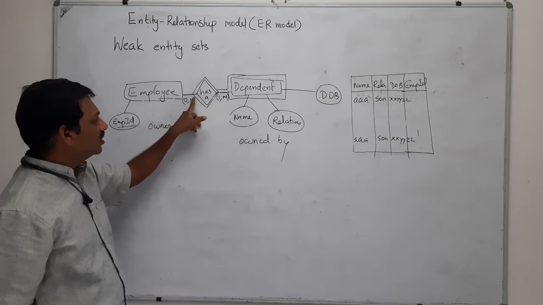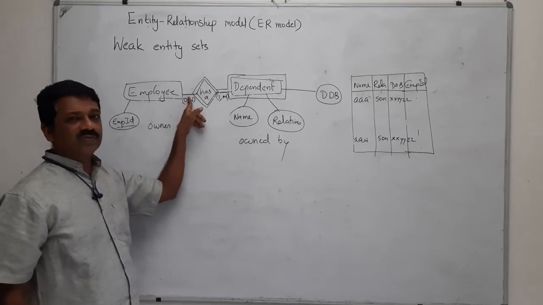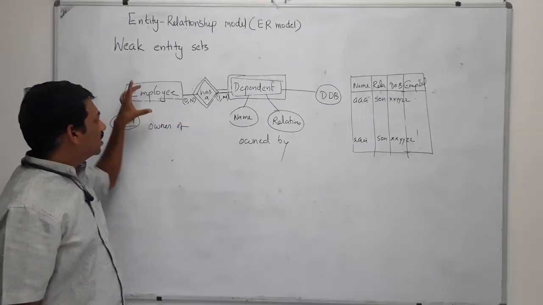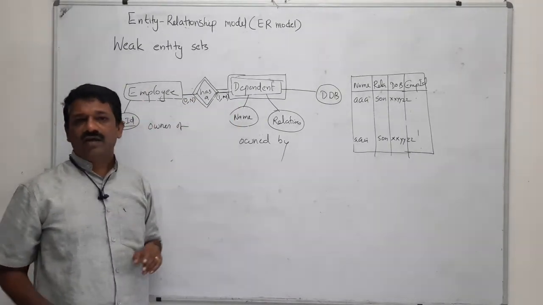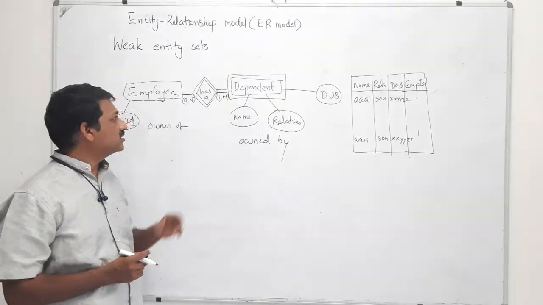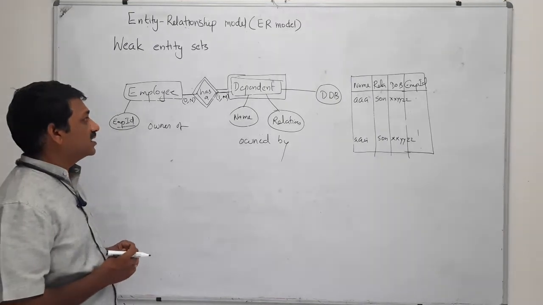Here this is not total participation, this is partial participation. Why? Here an employee can exist even if he is not having any dependent. That means this is partial participation.